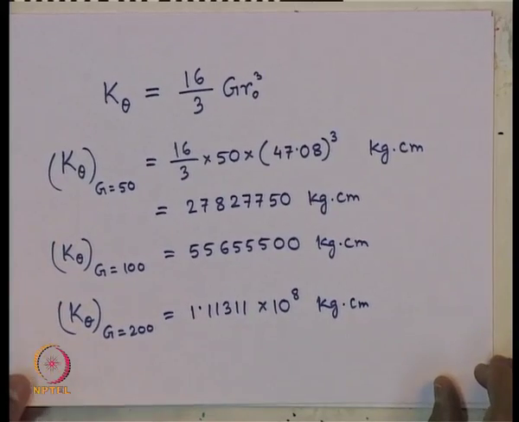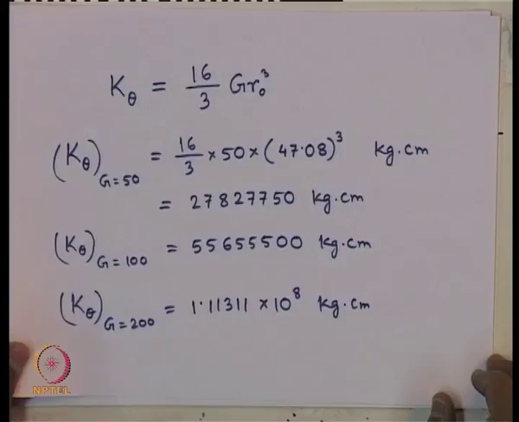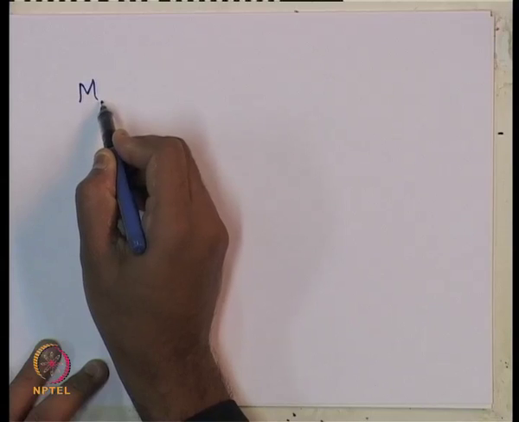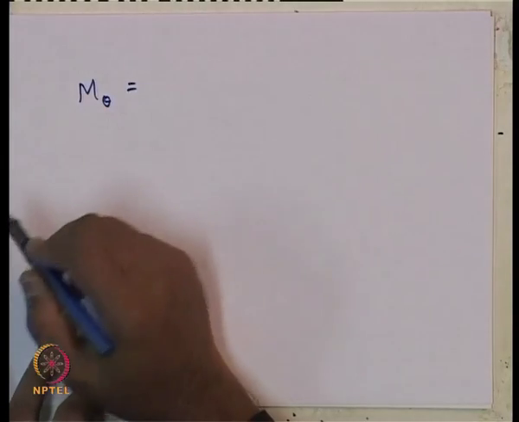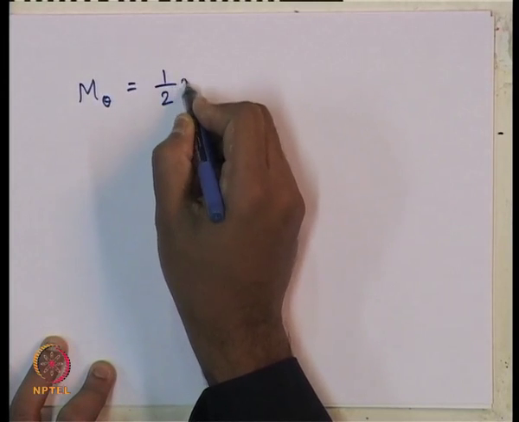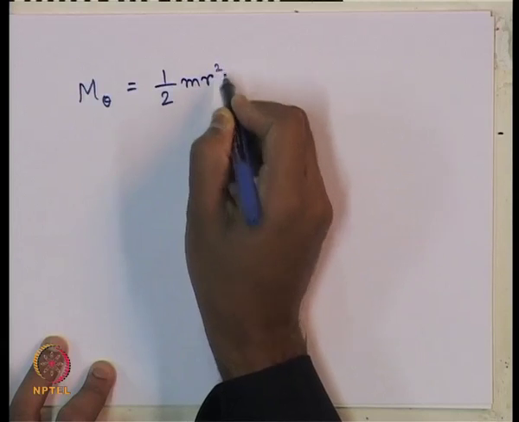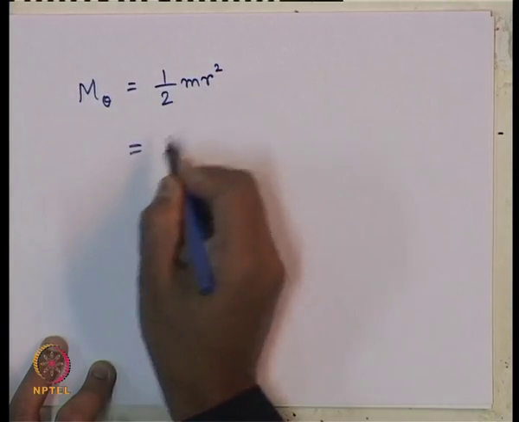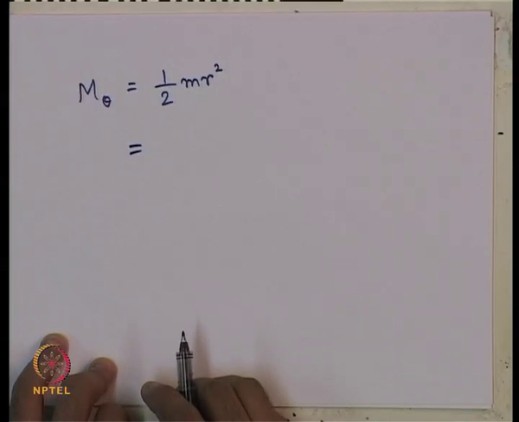And how do we calculate the mass moment of inertia? The next step is to calculate the mass moment of inertia, so that we can calculate the natural frequency of the system. The mass moment of inertia m theta for this torsional or yawing mode is given by half m r square. For a circular disc, the torsional mass moment of inertia is given by half m r square, right? We know this.